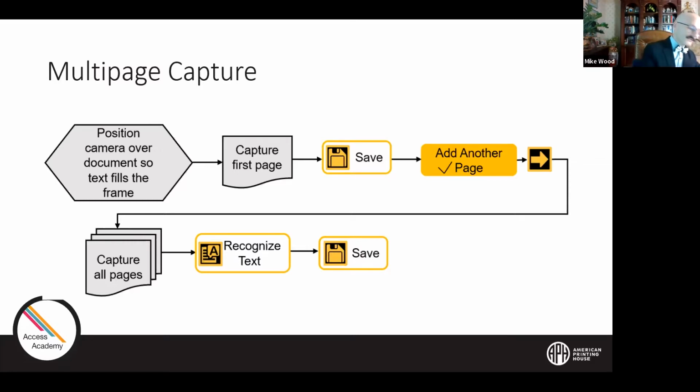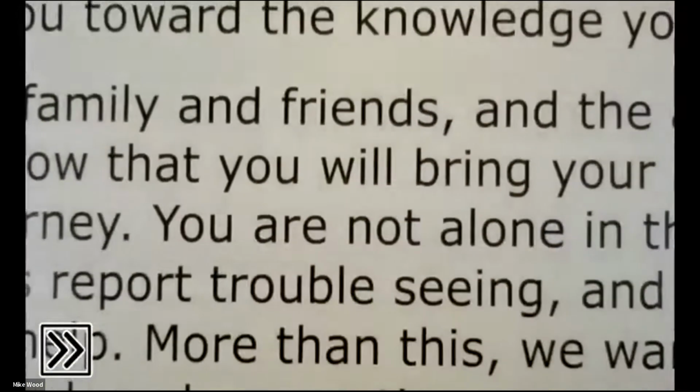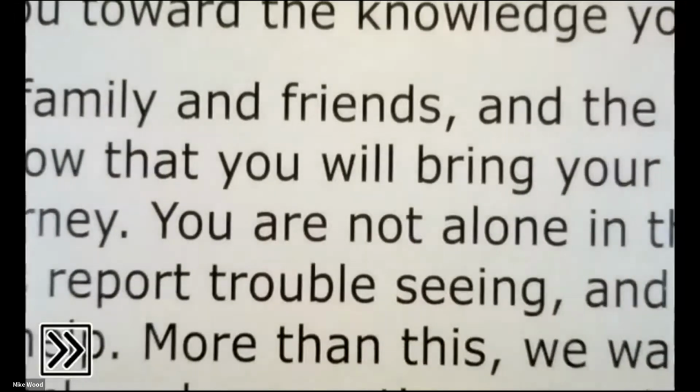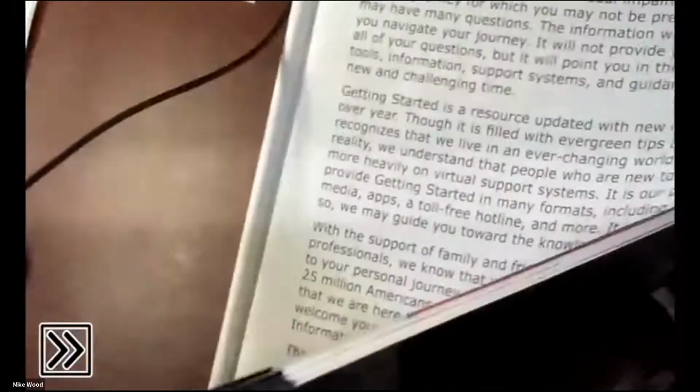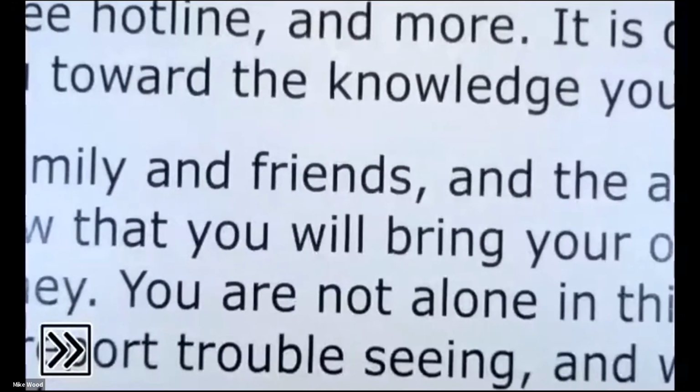So let me get my Juno here and I'll show you this live. I'm going to switch off my camera and switch you over to my USB camera. And so right now, I have mine just in the reading stand looking at a magazine, which is actually the APH magazine for Getting Started, a guide for people new to vision loss. And so there is the text.